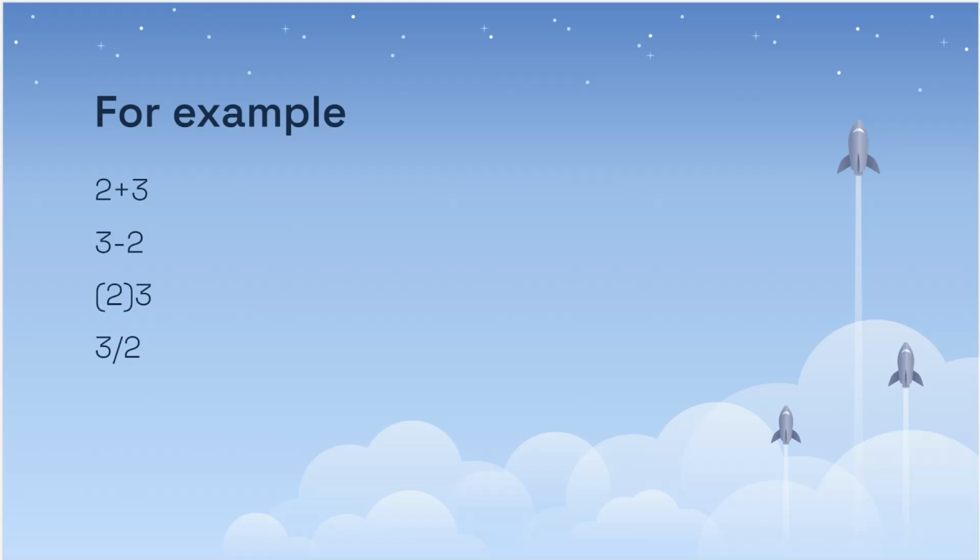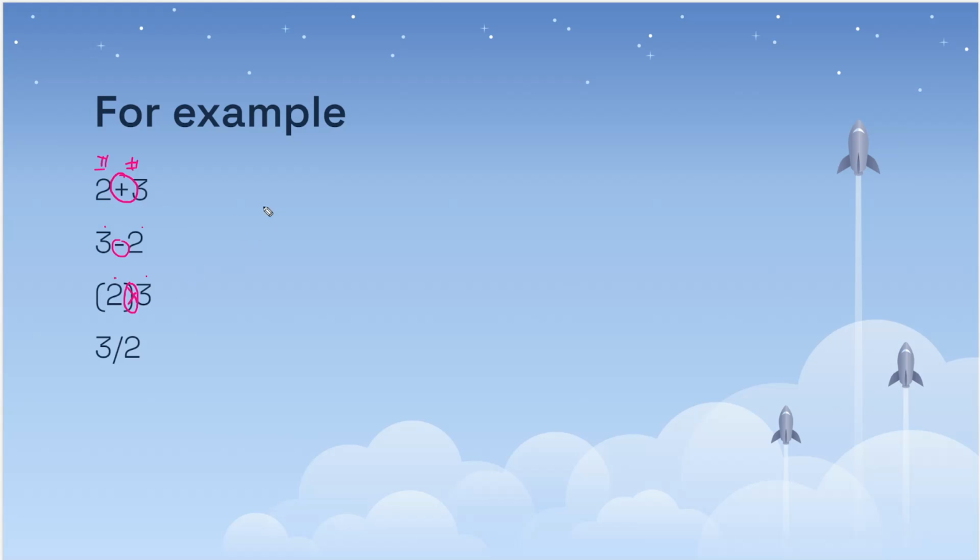All right. Some examples of numerical expressions. 2 plus 3. This has numbers and an operation. This operation here is multiply. I'm going to take this opportunity to talk about this right now, actually.